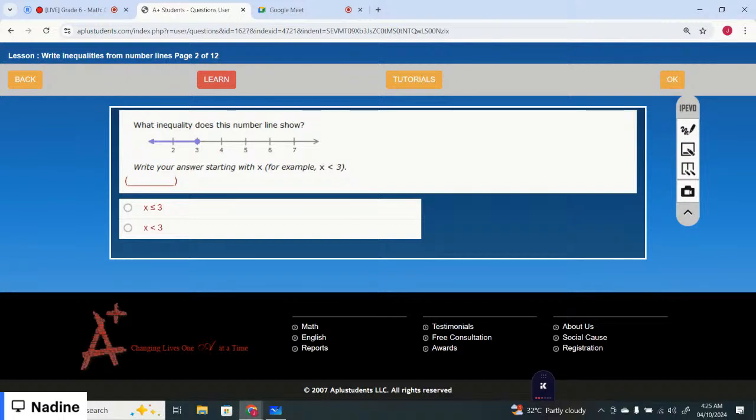Option number 1 is the correct option. X is less than or equal to 3 is the correct option. Got it?